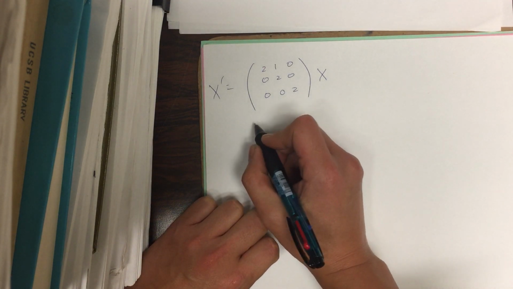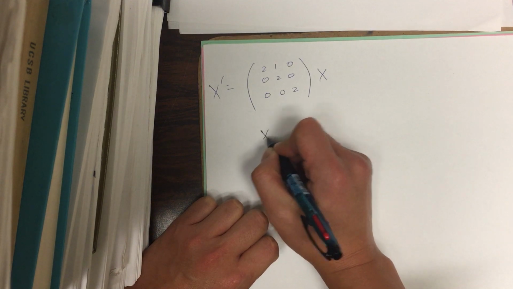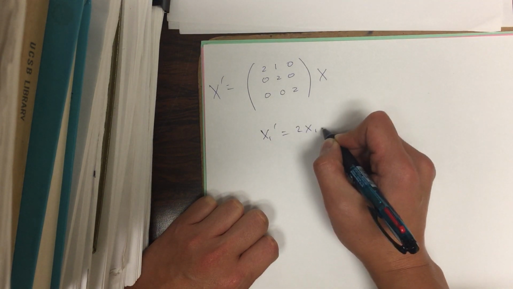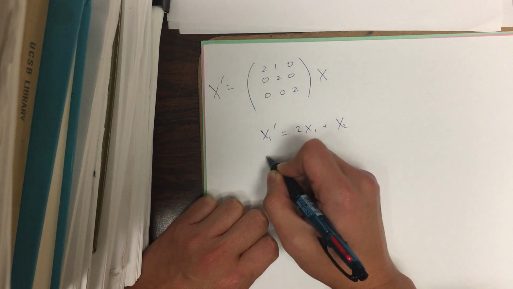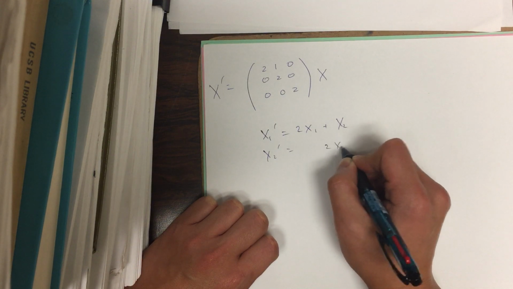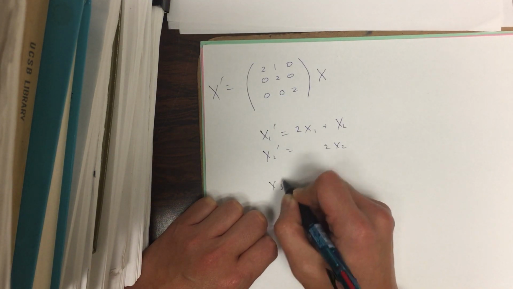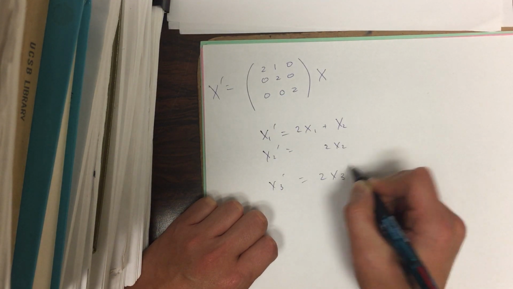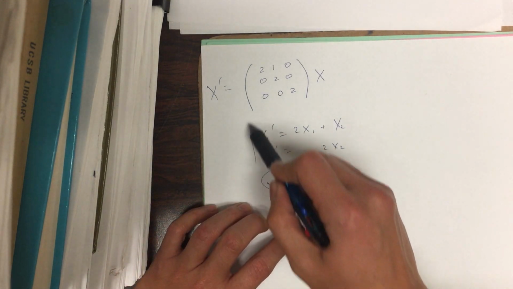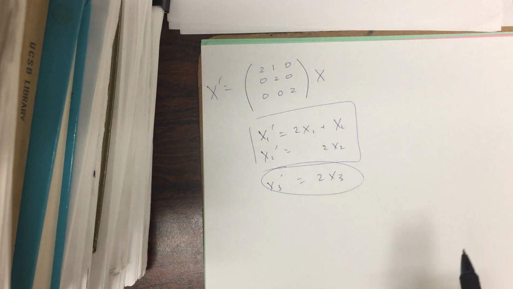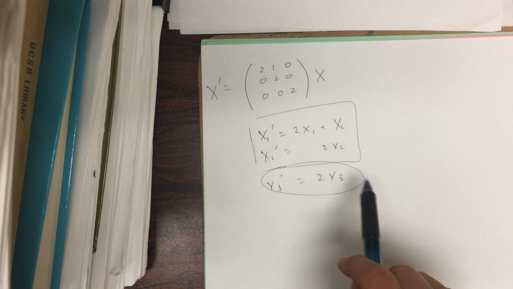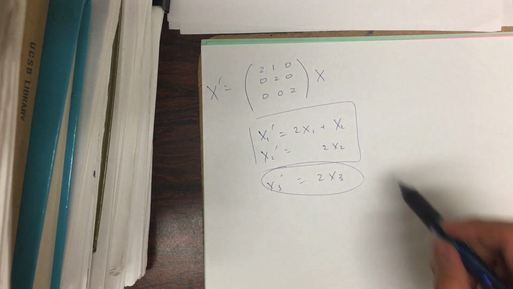You can actually just write everything out. So x1' equals 2x1 plus x2, and x2' is 2x2, and then x3' is 2x3. So actually this x3 is independent. So you just solve this two-dimensional system and this one-dimensional system separately. So you can do that.